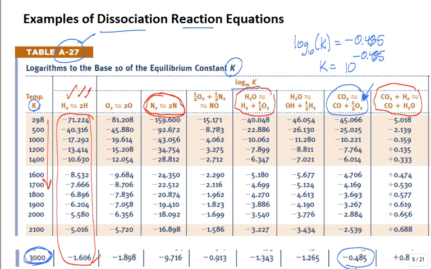It never gets to zero, at least at 3,000 Kelvin, it's still negative. But it's getting towards zero. Okay. So it's increasing. Meaning, when you look at how that K is used, you're getting more and more of what we call the products on the right side and fewer reactants.